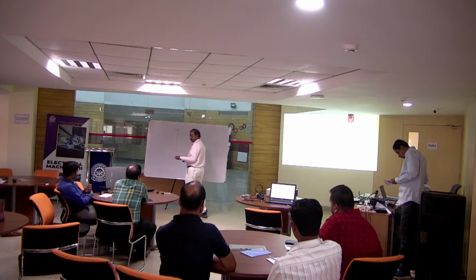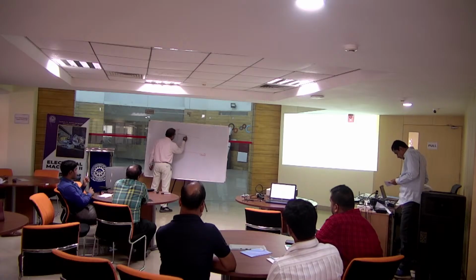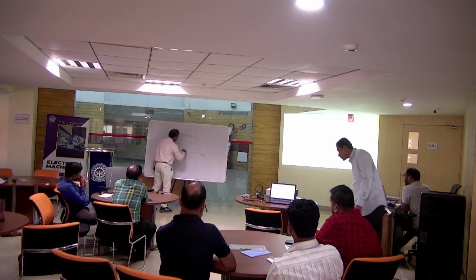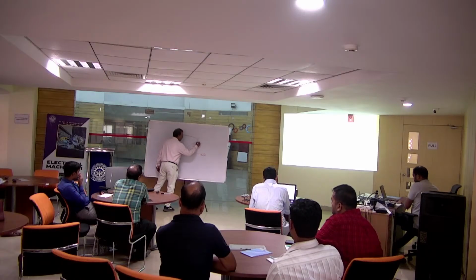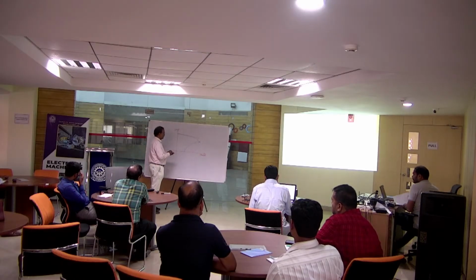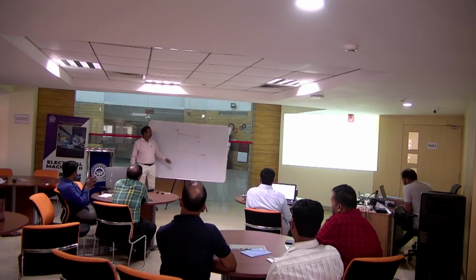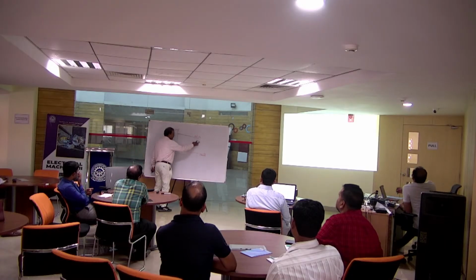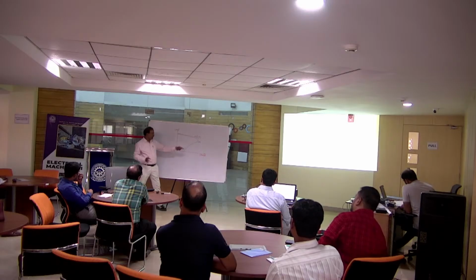For an induction motor, it will be like this. This is for the induction motor and this is for the DC motor. The characteristics are similar. The only thing is, this part in the induction motor is only for the starting transient. After the starting transient, this part is not there.